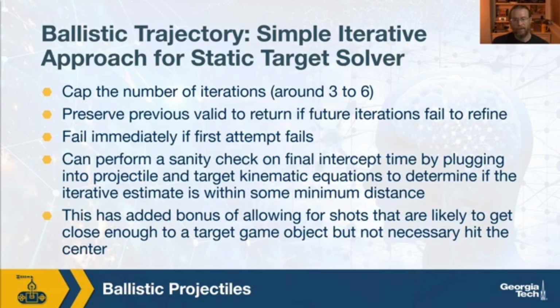Maybe we have to throw it at a high arc to get it to arrive at the right time. That might be possible. So if you can solve for the point of closest approach, that I guess would be the worst case.